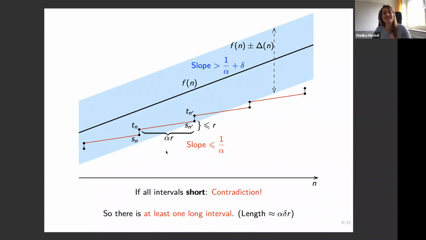So close to every n, there must be at least one long interval. And if you work out all the numbers, you get an interval of length roughly alpha delta r. Now alpha will be about log n, delta will be about 1 over log squared n. So overall this alpha delta is 1 over log n. So we need r to be as big as possible to get a long interval.